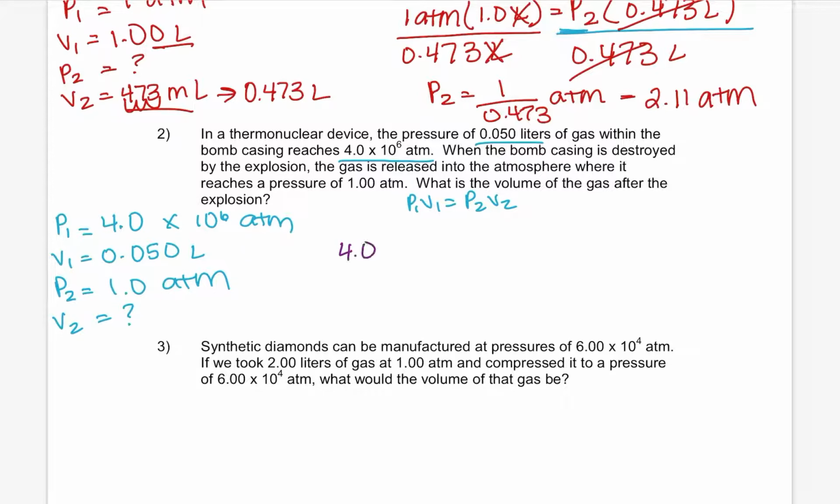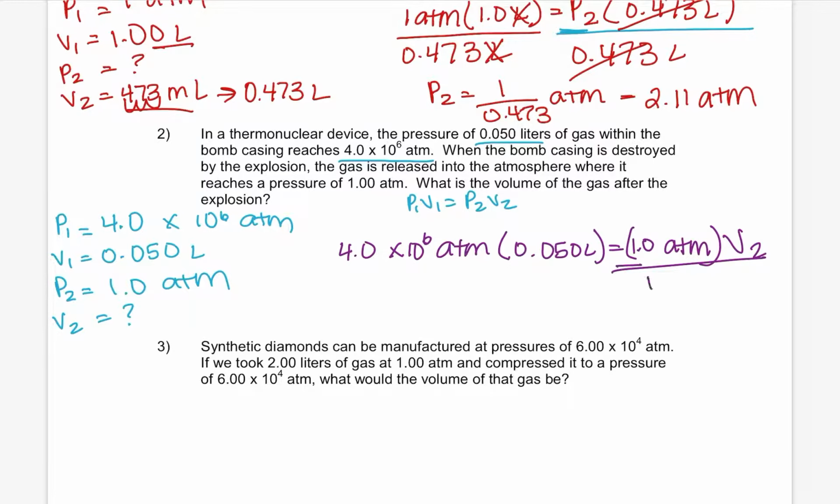So 4.0 times 10 to the 6 ATM times 0.050 liters is going to equal 1.0 ATM times V2. You're going to send this over dividing so you can get V2 by itself. Do the exact same thing on the other side.